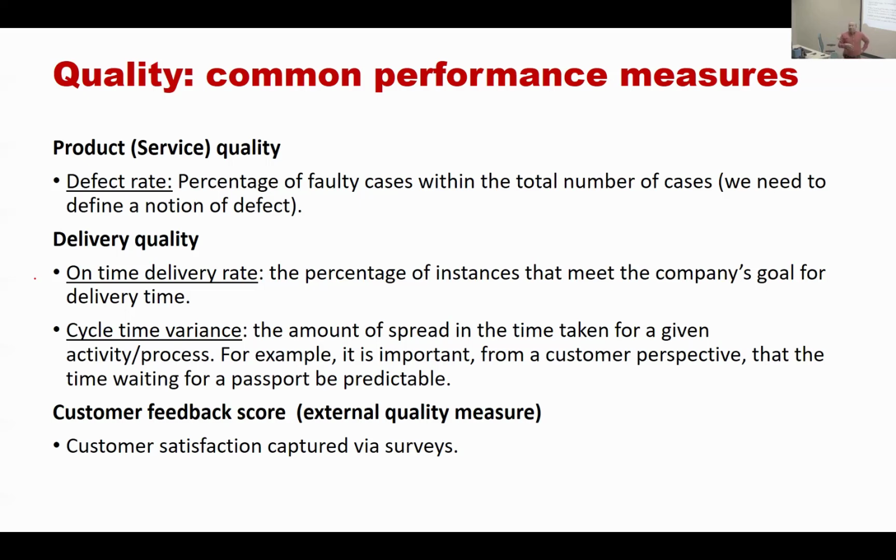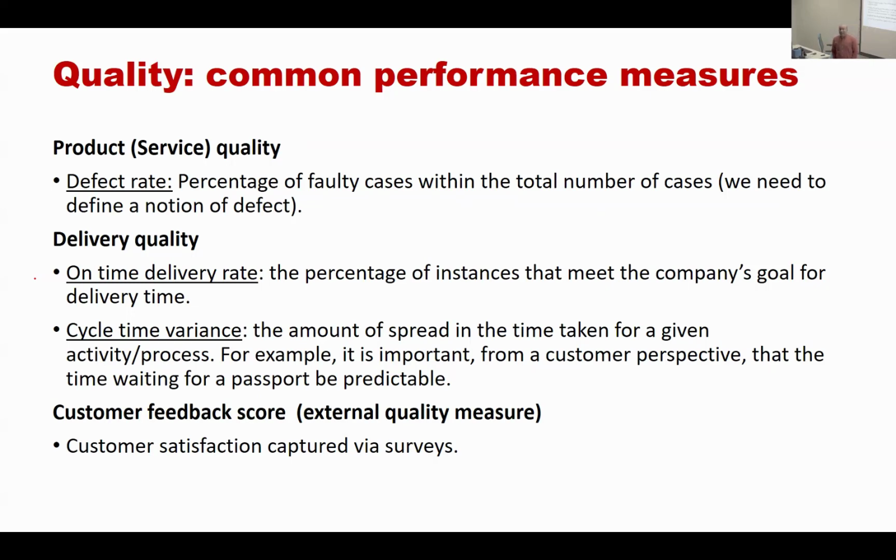The second type of performance measures that you define, that you manipulate, is the delivery quality. One measure that we'll be particularly analyzing is what we call the on-time delivery rate, the percentage of instances of a process that meet a certain performance goal.